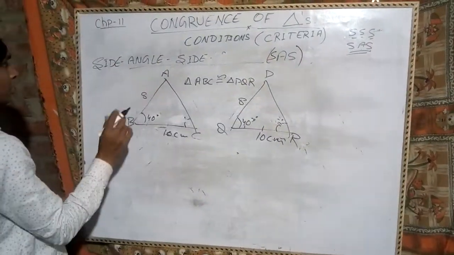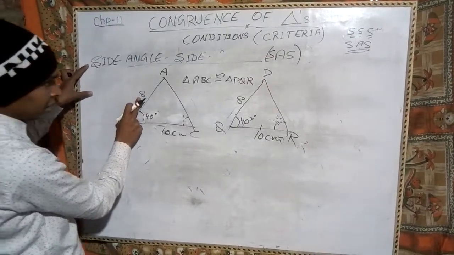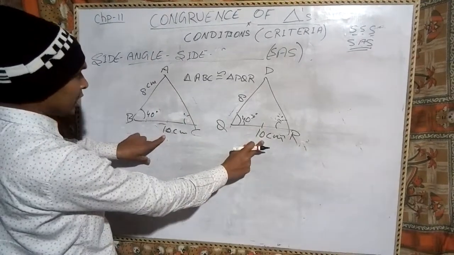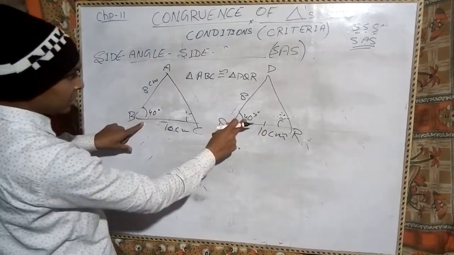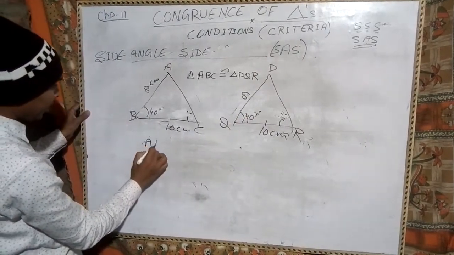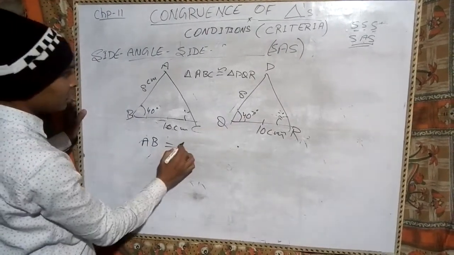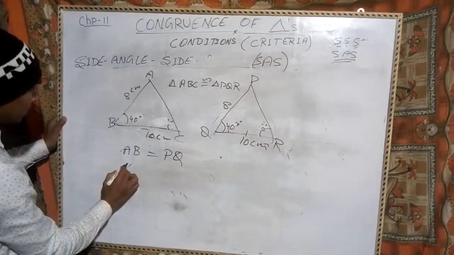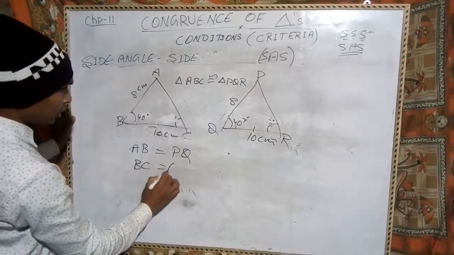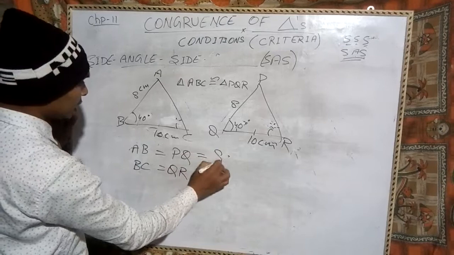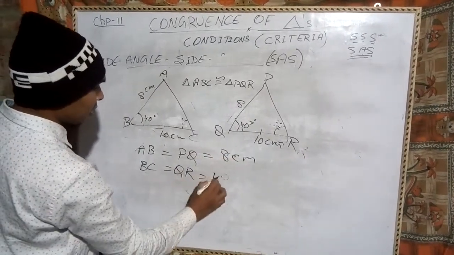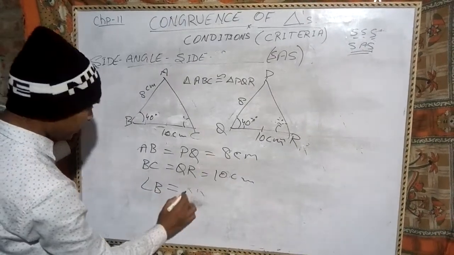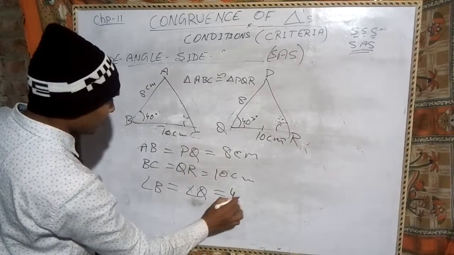Okay, in this condition side it's 8 centimeter, this is also 8 centimeter, this side is 10 centimeter, this is also 10 centimeter, this angle is 40, means this is also 40, means we can say side AB is equal to side PQ, and side BC is equal to QR. PQ is 8 centimeter and QR is 10 centimeter, and angle B is equal to angle Q, and both are 40 degree.